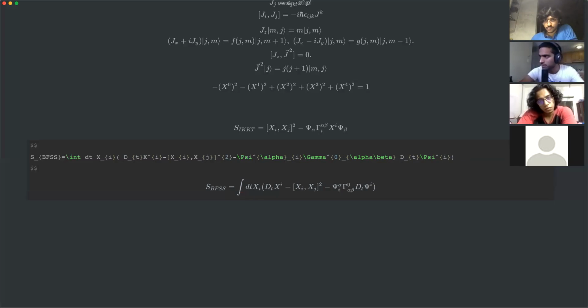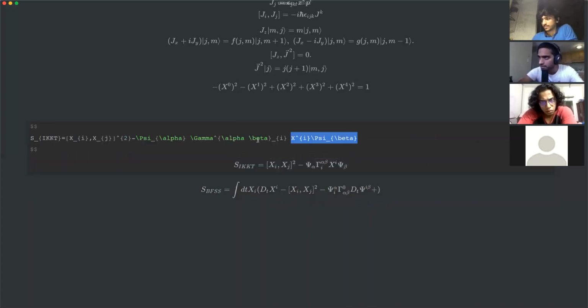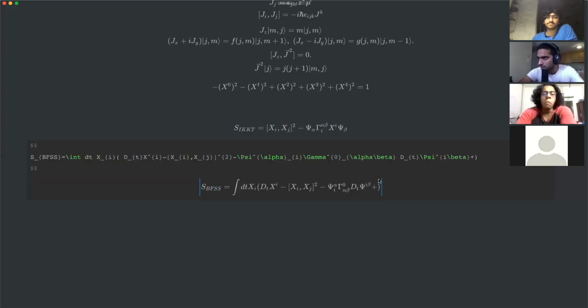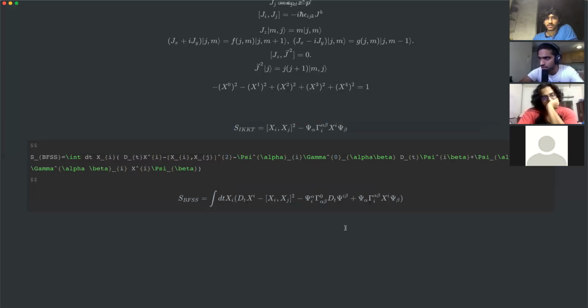So you see the spinor indices and then these internal indices plus this term. So it's as though the IKKT model is like the potential term for the BFSS model. Right. So it's like the matrix model is the potential for matrix quantum mechanics. Don't trust me on the science. Definitely not on these powers here.